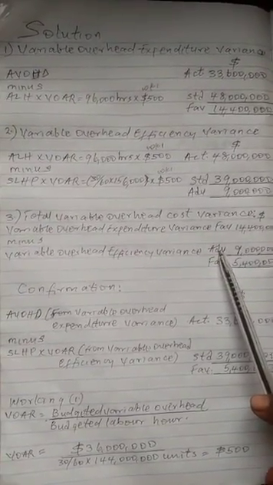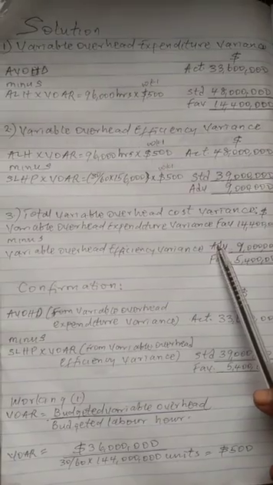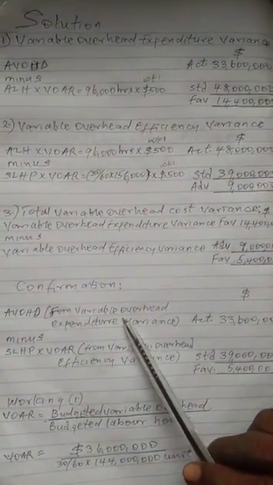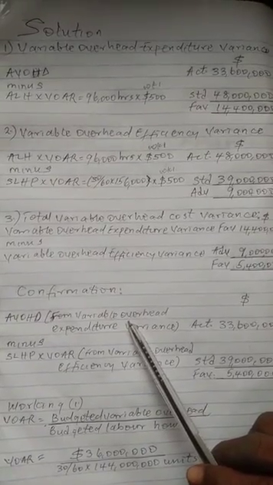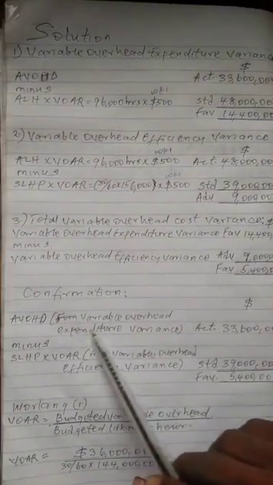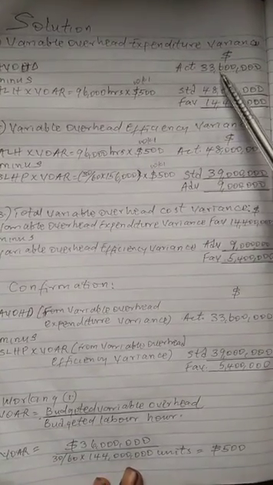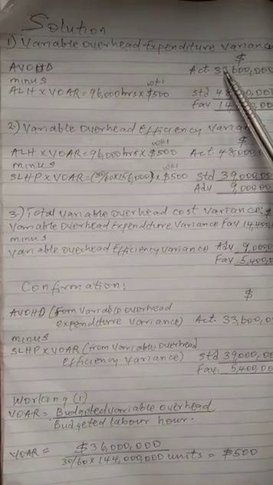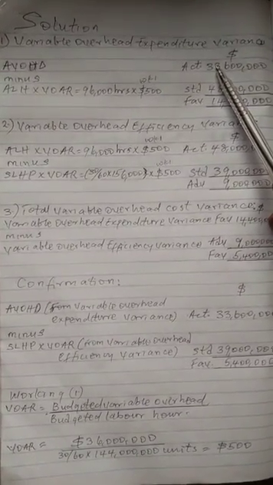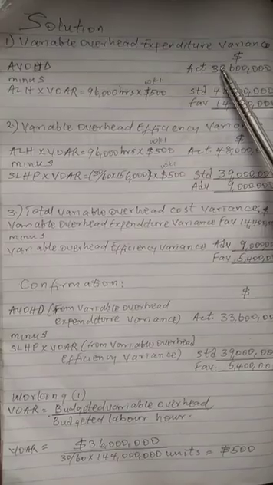You can confirm that, as I always do, in the material price, total material cost variance, and the labor cost variance. It is also applicable here in the variable overhead variance. Look at it. The convention is that, like I always say, you go to the variable overhead expenditure variance. You pick the actual aspect of it. That's confirmation. That is what I did in my first video of material price variance, material cost variance, and the labor cost variance.